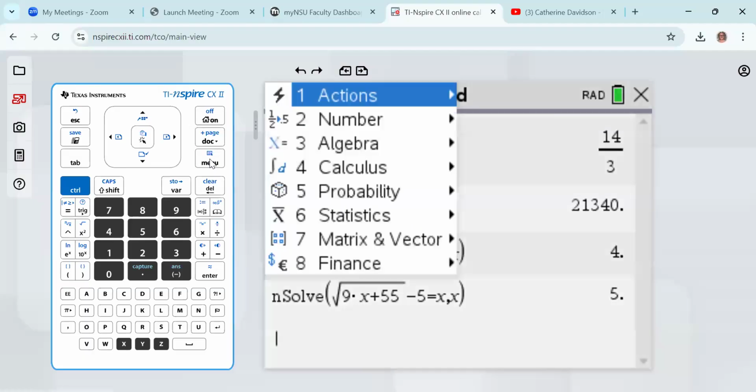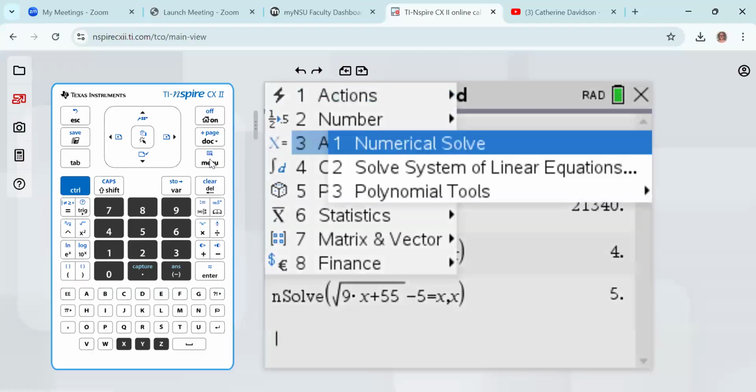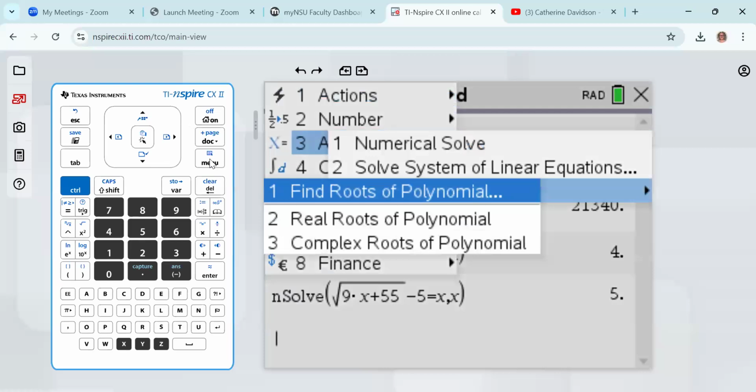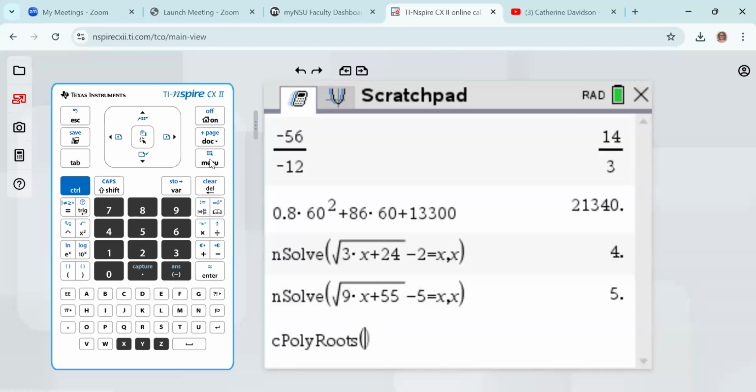So let's put this in. So menu, algebra, polynomial tools, and I just used the poly roots. Let me go back to the notes real quick. Minus 2x. Remember with C poly roots, it has to be equal to 0.